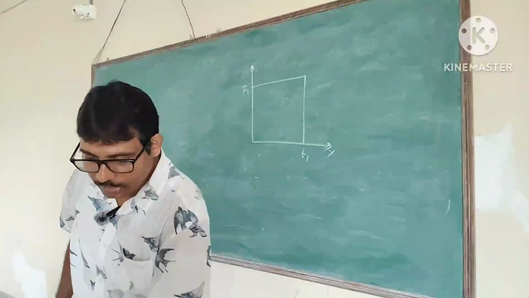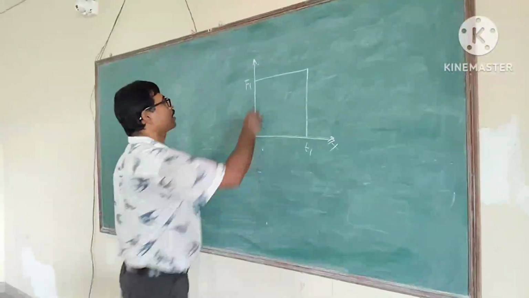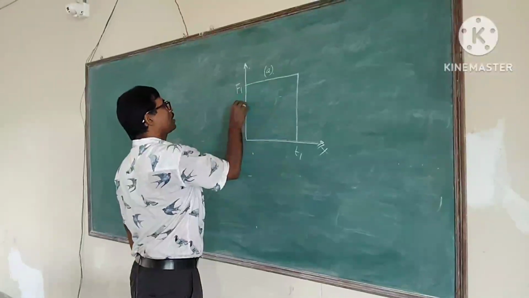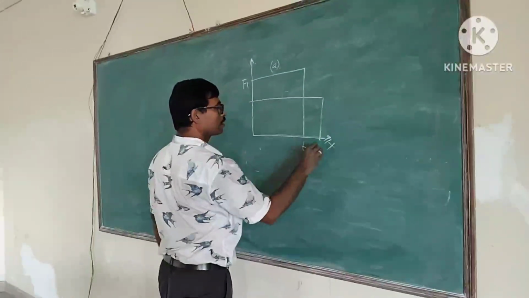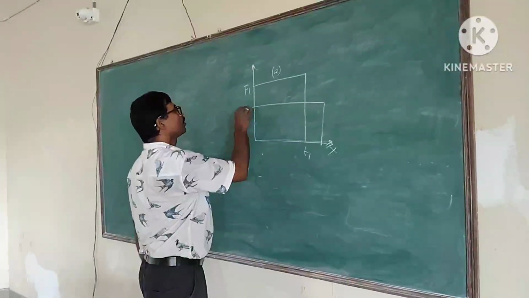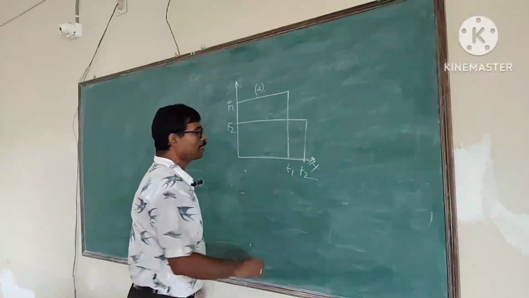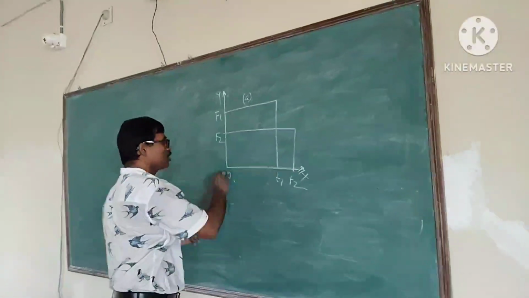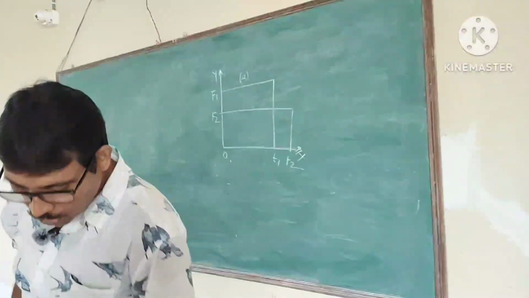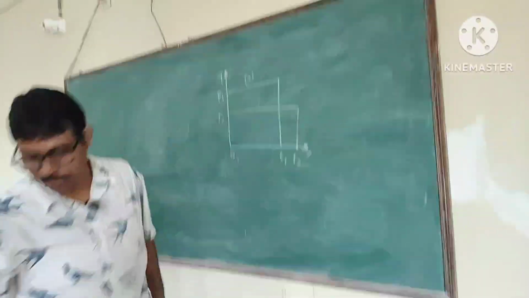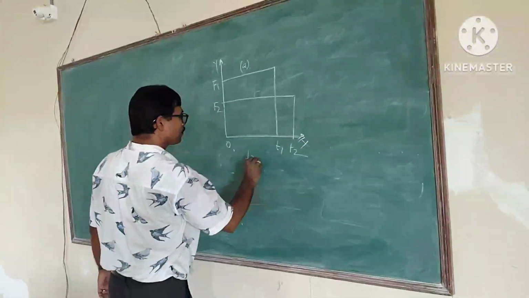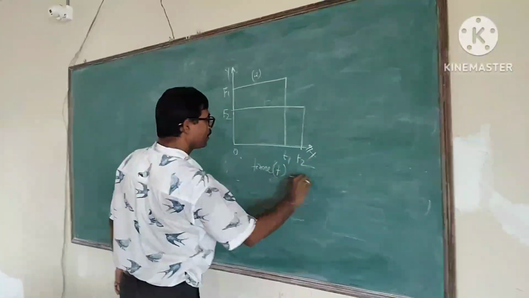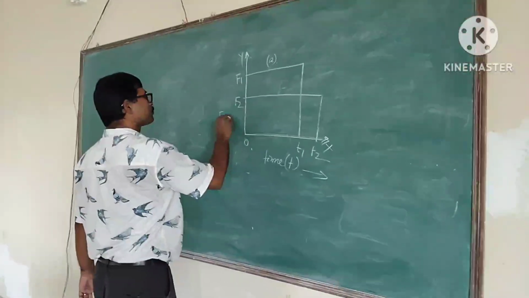Second case, suppose this is the case 1 and another case you are applying this one, suppose this is f2, it is t2, okay, x axis, y axis, origin, you listen this one. So what you are applying, this is average force, this is the time, this is the average force.